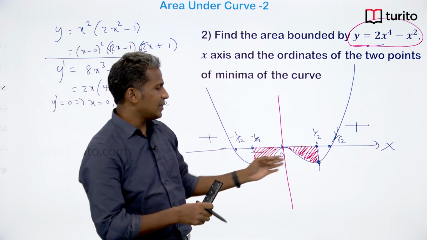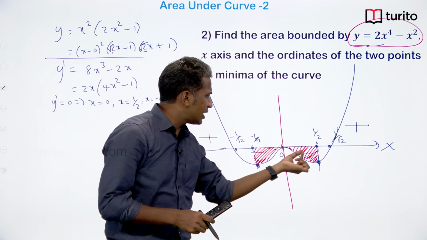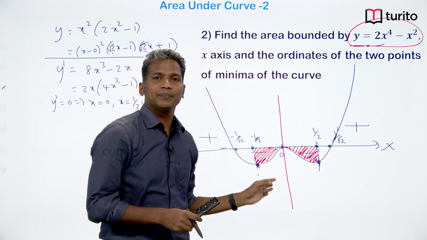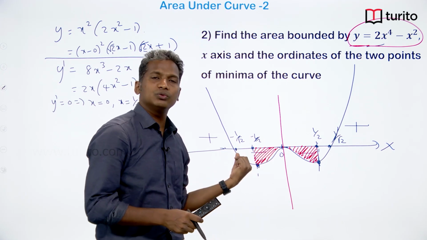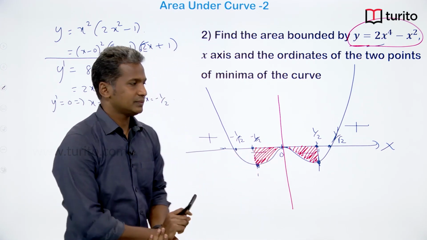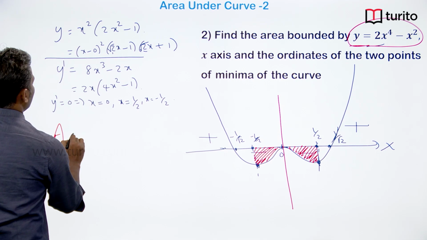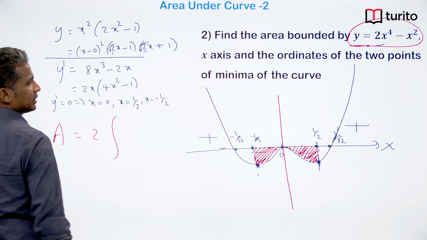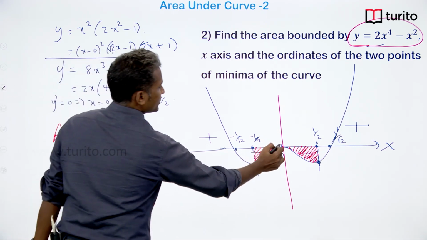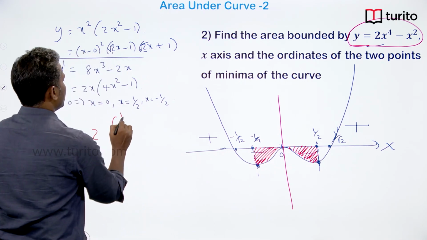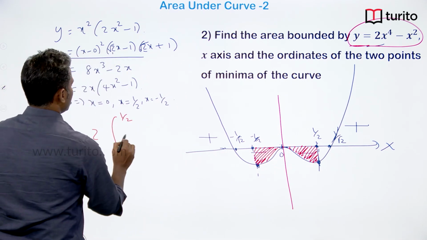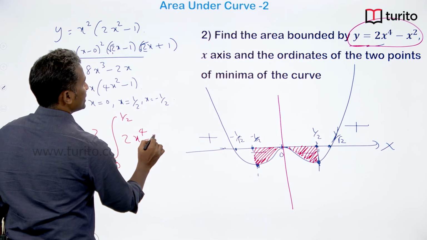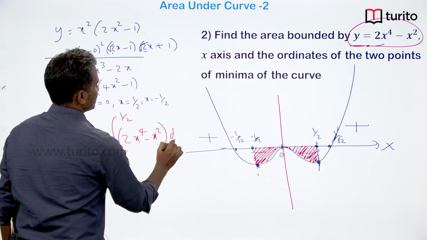Now because it is symmetric, if I find just one area, let us say on the right side, and multiply that by 2, I can get the overall area. So basically my area will become 2 into the integral from 0 to 1 by 2 of the function 2x power 4 minus x square dx.